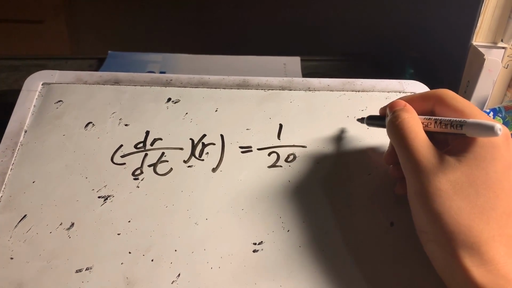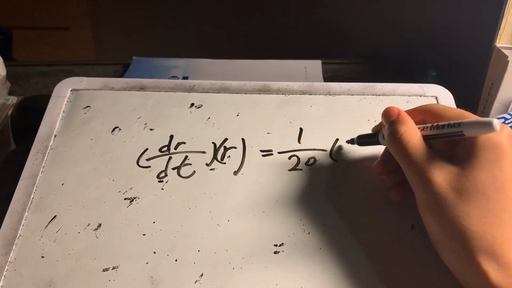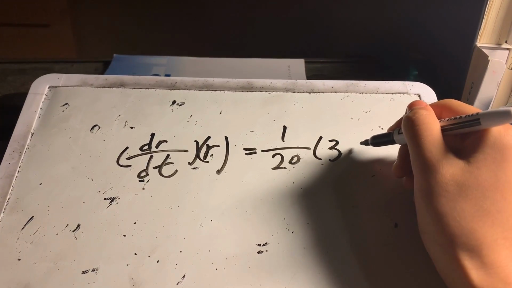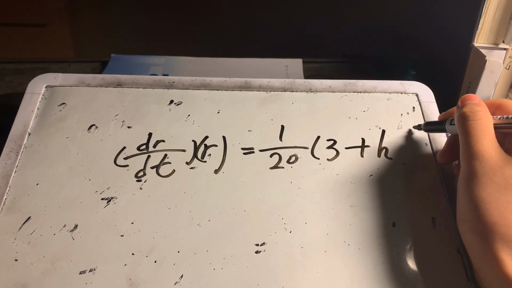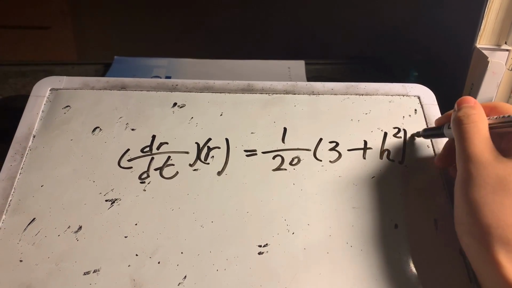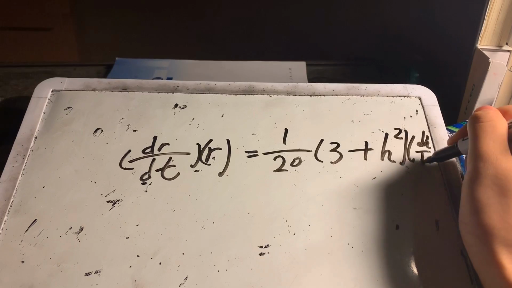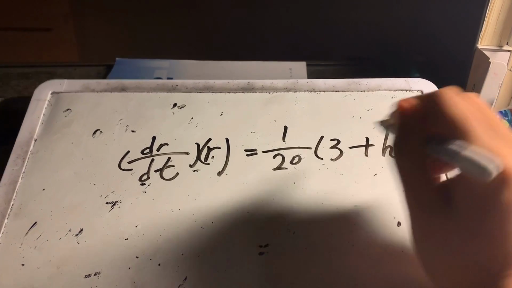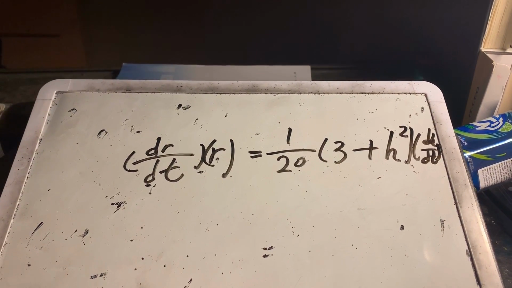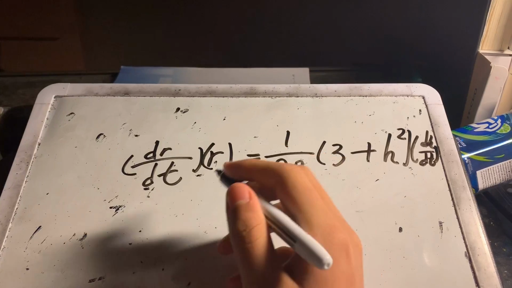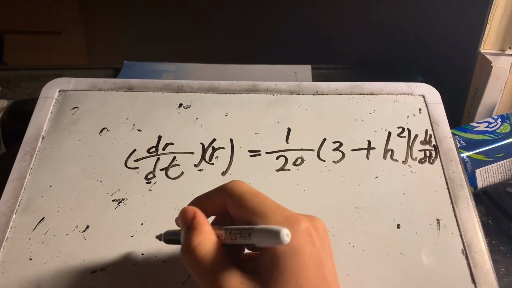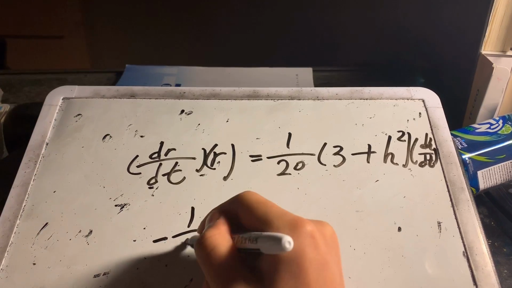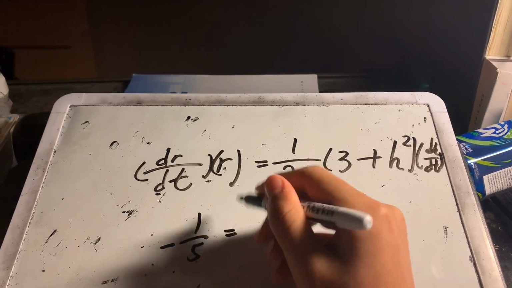Rate of change of the height of the liquid with respect to time. So we add the dh by dt here. So from the question, we know that dr over dt is equal to negative 1/5.